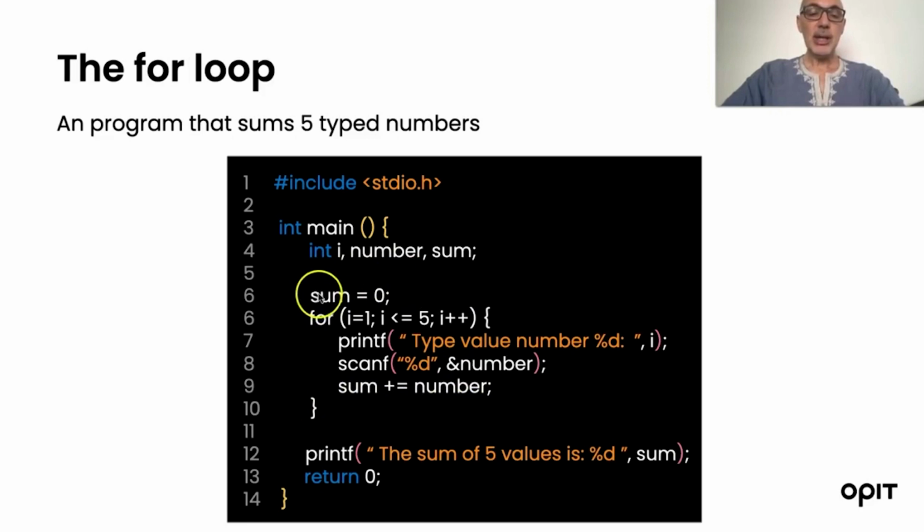So I initialize the sum with 0. I have a for that starts with 1, ends at 5, and each time I go from i to the next one, i plus plus. I ask the user to type a number, I read it, and then I add: sum equals sum plus number, or sum plus equal number. At the end I display the sum to the user.